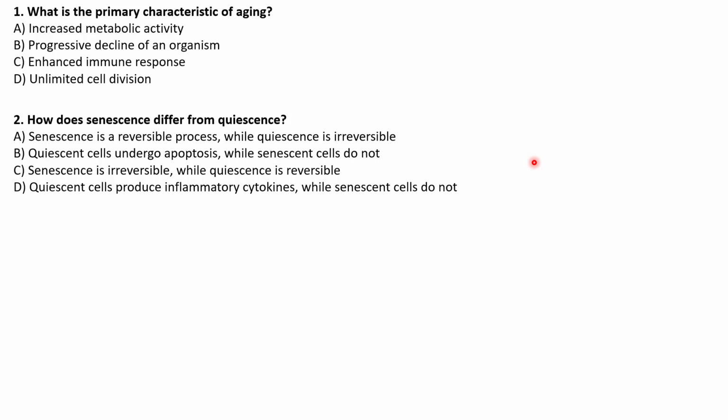Anyone else wants to try? Yeah, so you guys are right. Absolutely. Yep. All three of you are right. It is indeed C option, which is that senescence is irreversible while quiescence is a reversible state.